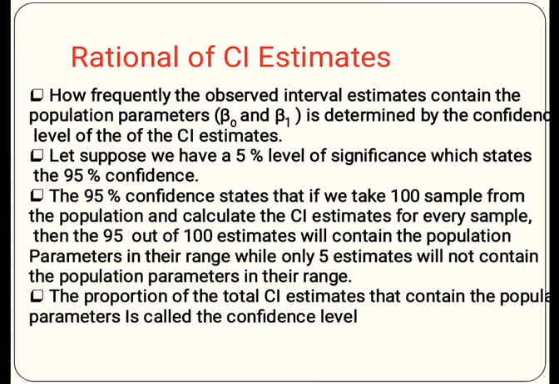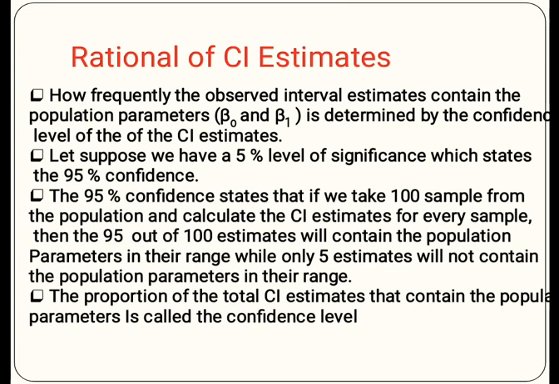The 95% confidence level states, listen carefully, that if we take 100 samples from the population and calculate the confidence interval estimate for every sample, then 95 out of 100 estimates will contain the population parameter in their range, while only 5 estimates will not include the population parameter in their range.